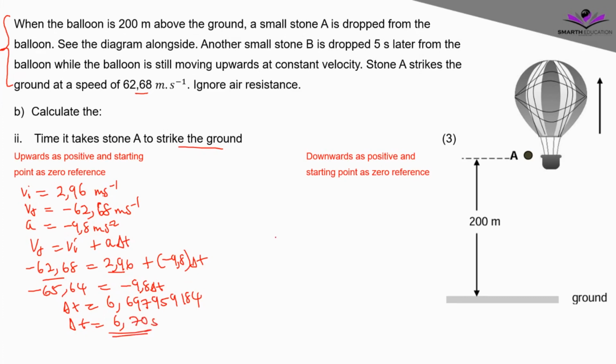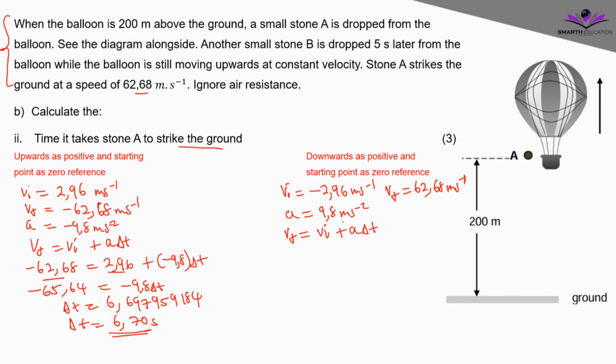Let's take downwards as positive. If we take downwards as positive, then the initial velocity, because initially the balloon is moving upwards with the stone, is going to be negative 2.96 meters per second. Then the final velocity is going to be positive 62.68 meters per second, and acceleration is positive 9.8 meters per square second. Then we use our formula: final velocity is equal to the initial velocity plus a delta t.